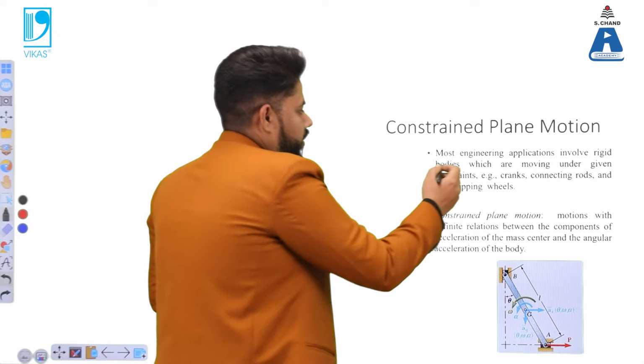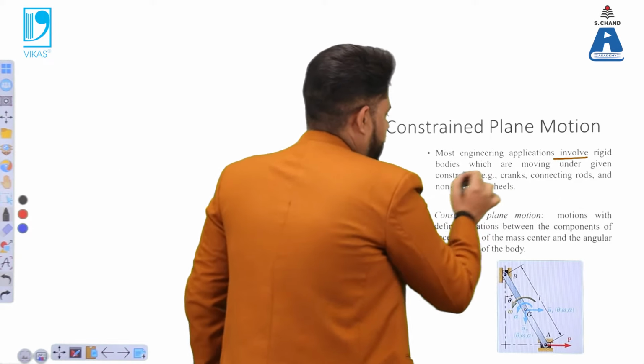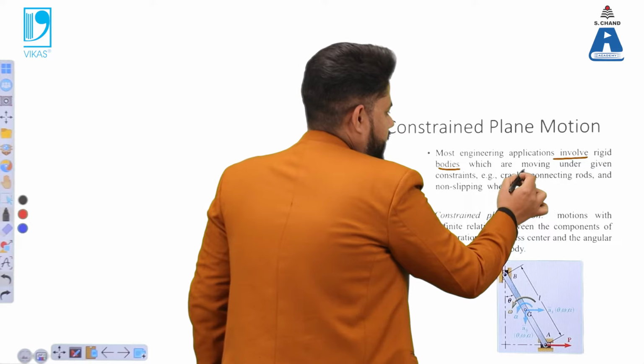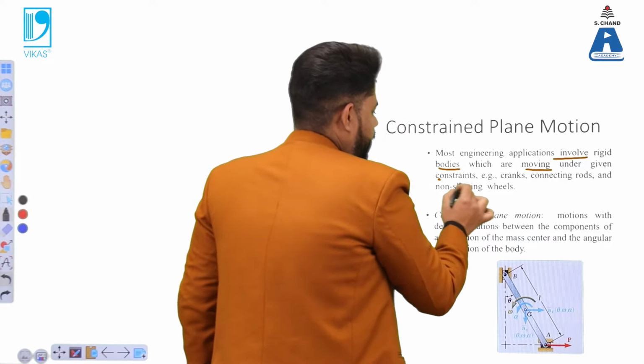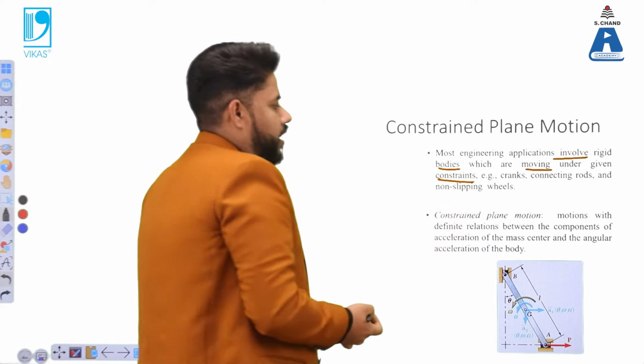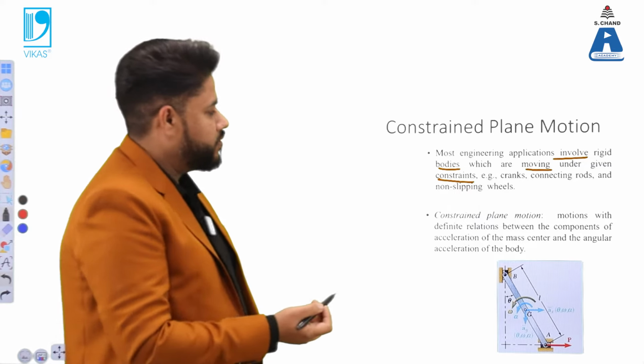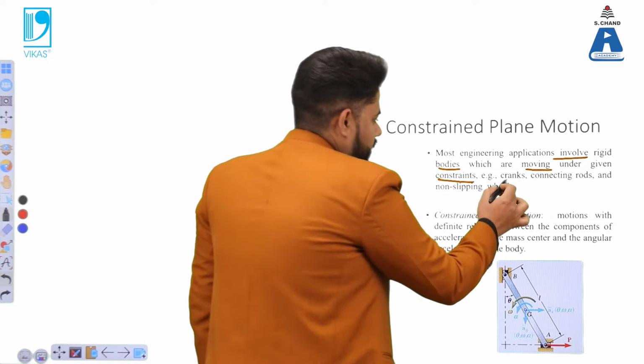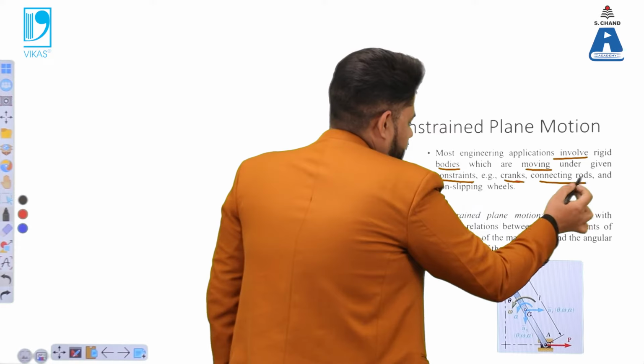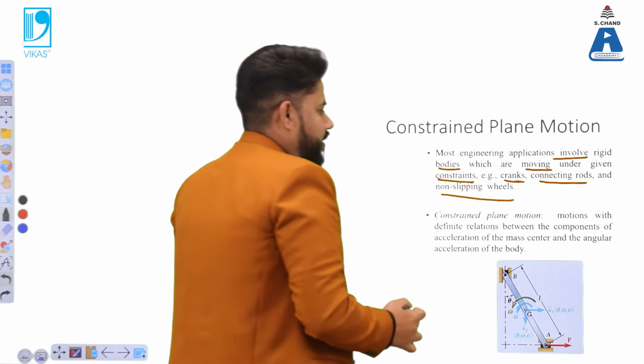Majority of the engineering applications involve rigid bodies, and those rigid bodies are moving under certain constraints. Examples of those conditions are the crank or the connecting rod or non-slipping wheels.